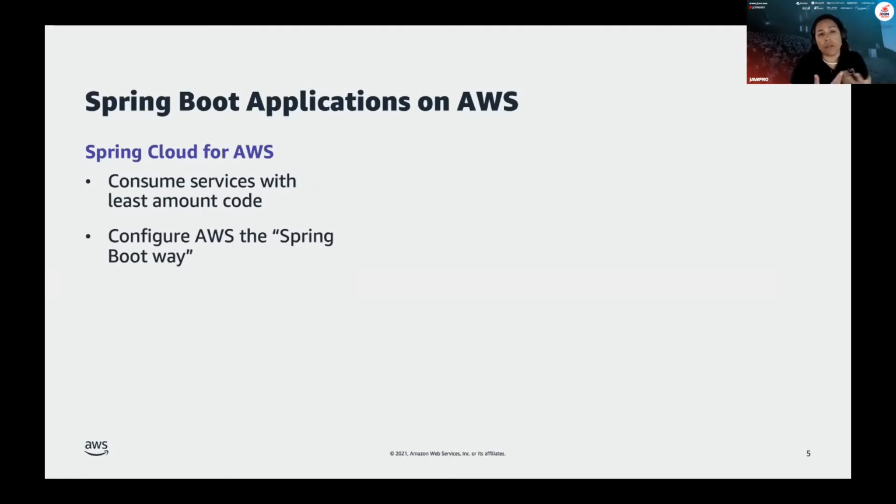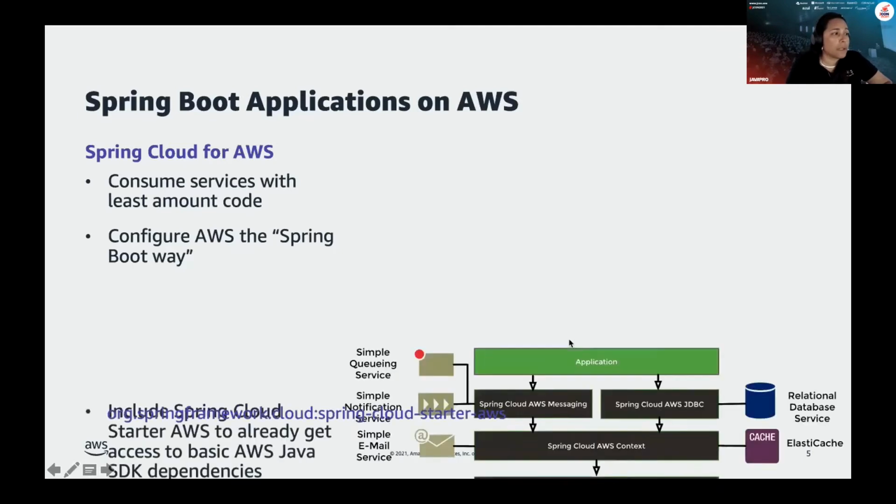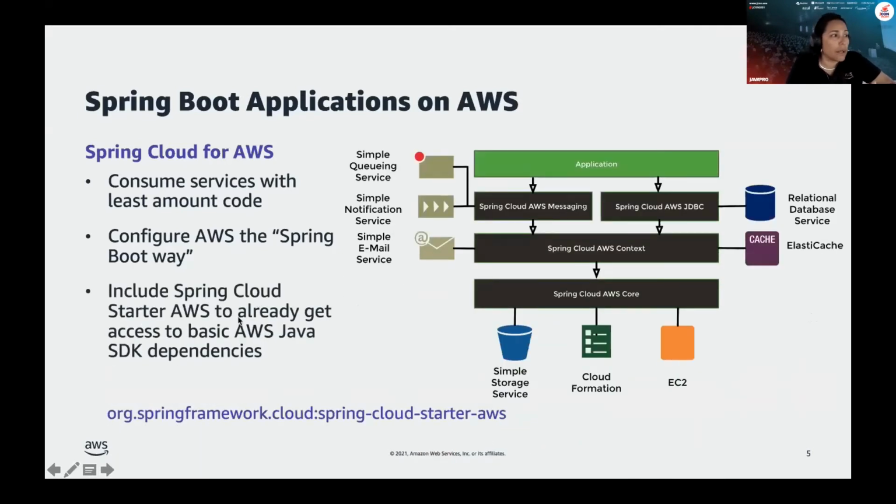This means we can configure AWS settings like the region in our application.yaml or application.properties file with notations we are familiar with. This is the case because once we include the Spring Cloud starter for AWS, the auto-configure dependency of the starter is included, and that enables Spring Boot support for Spring Cloud for AWS.